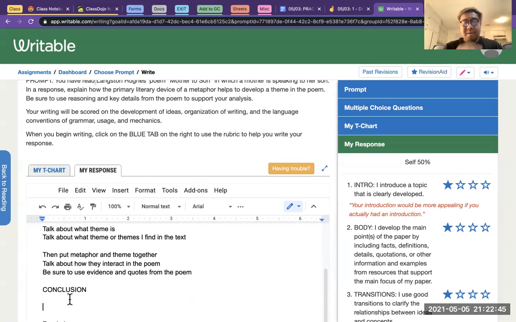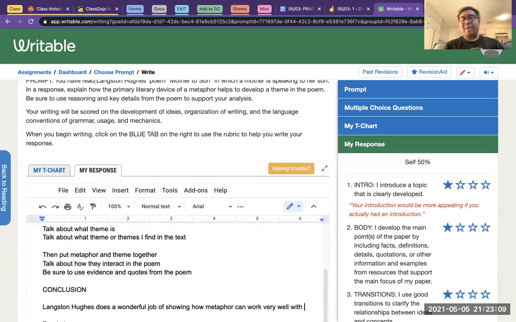Now at the conclusion, what do you do? All you need to do is just summarize or restate what you said in your topic sentence in the introduction, right? Langston Hughes does a wonderful job of showing how metaphor can work very well with developing themes.